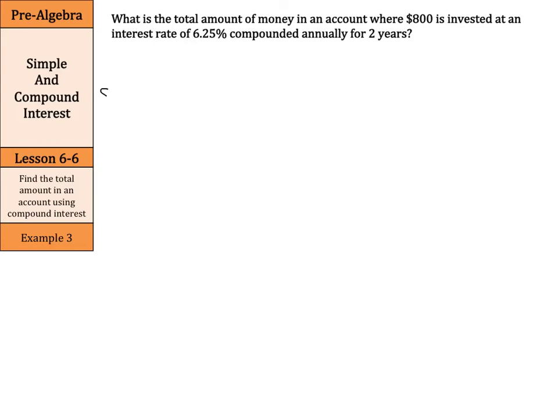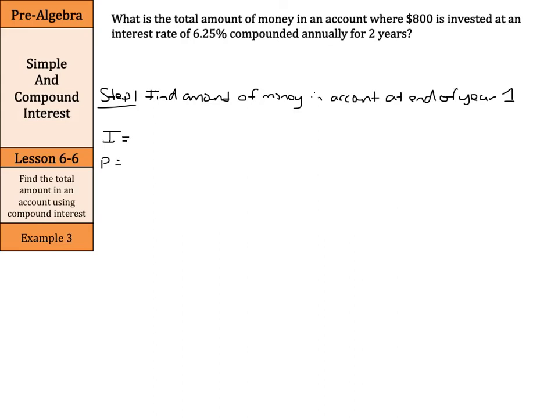So our first step, step 1, is going to be to find the amount of money in the account at the end of year 1. Okay, well, we're going to use our same formula, so we can still look at our interest, our principal, our rate, and our time.